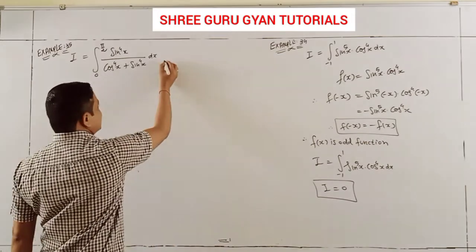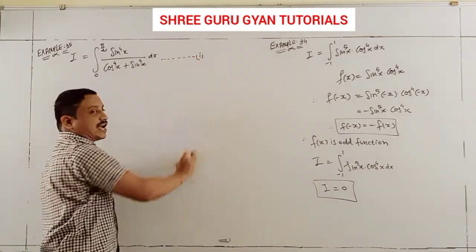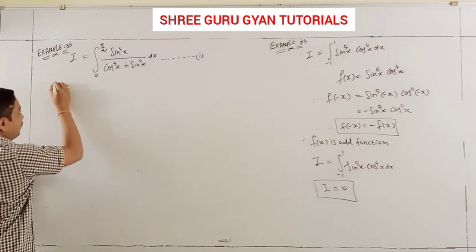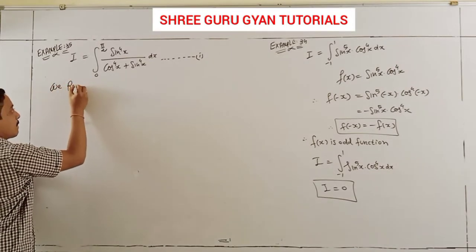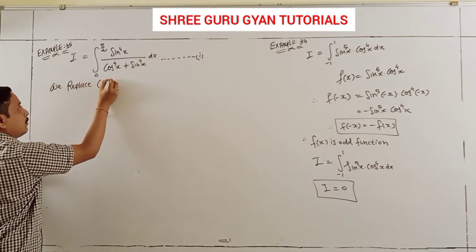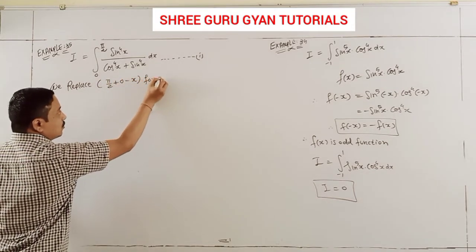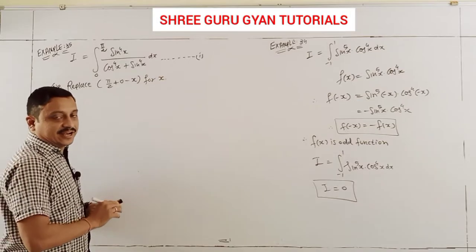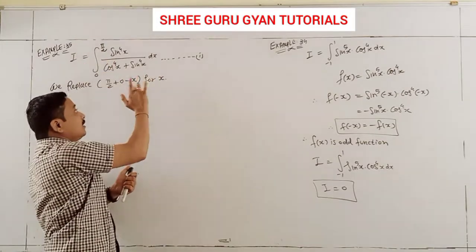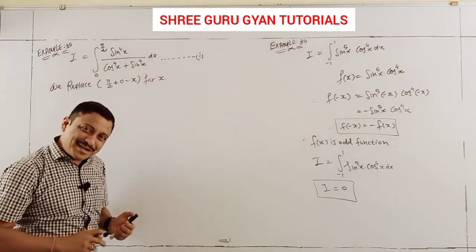Here I take statement number 1. Start with the theorem: we replace x by upper limit plus lower limit minus x. Again, upper plus lower minus x, it means 90 minus x.